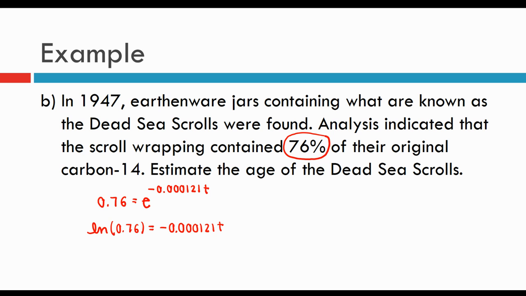To get t, we divide both sides by negative 0.000121. We will then approximately get 2,268. This is the amount of time since 1947.